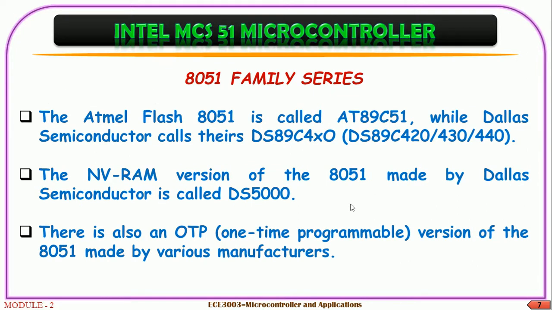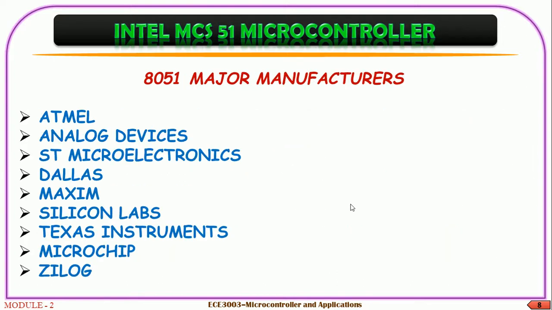The Atmel flash 8051 is called AT89C51, while Dallas Semiconductor calls it DS89C4x0. The NVRAM version of the 8051 made by Dallas Semiconductor is called DS5000. There is also a one-time programmable version of the 8051 made by various manufacturers.